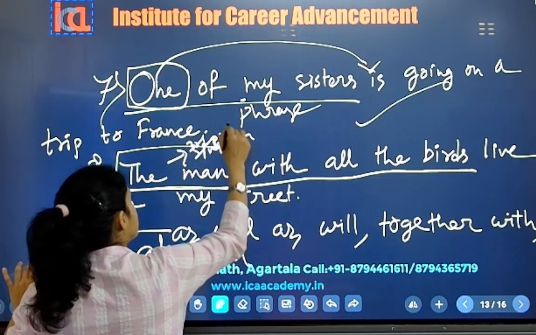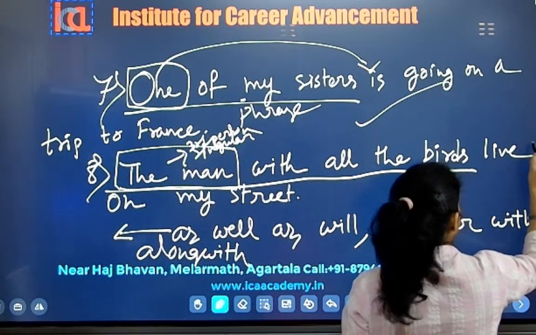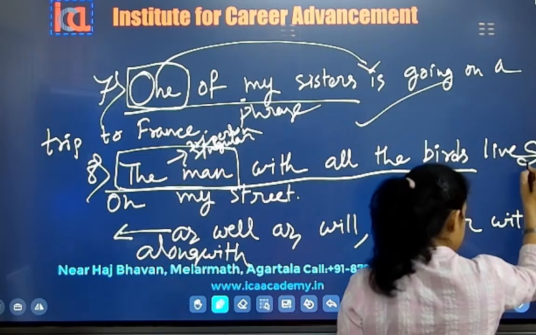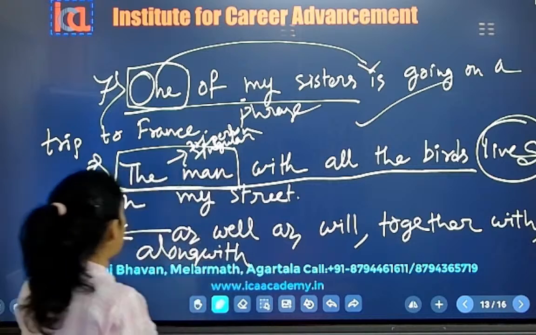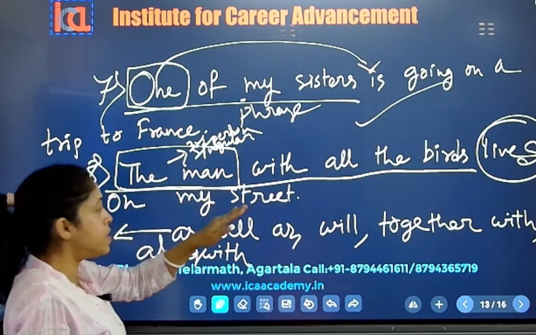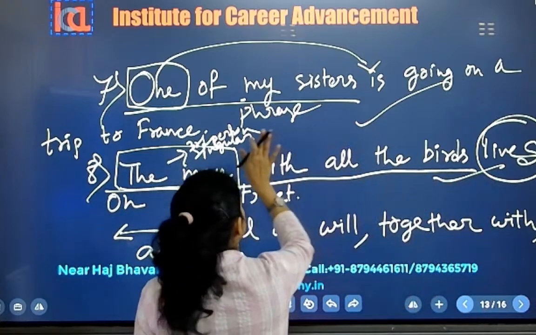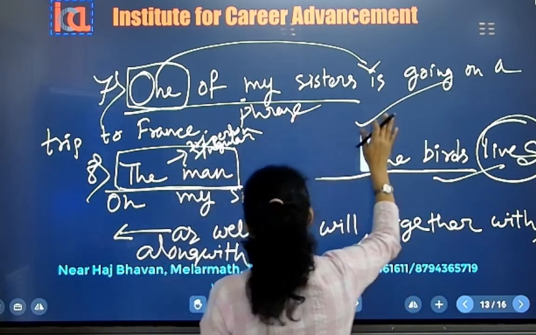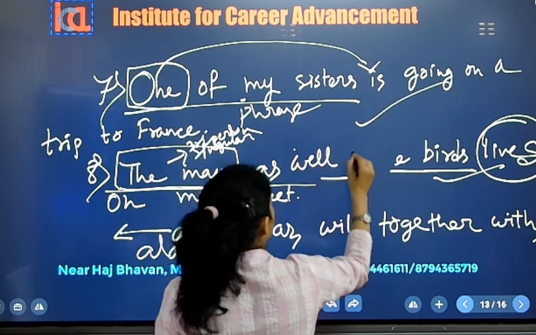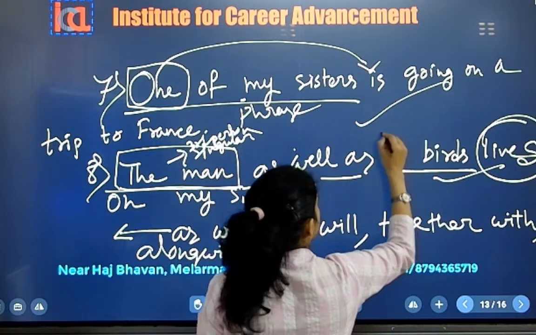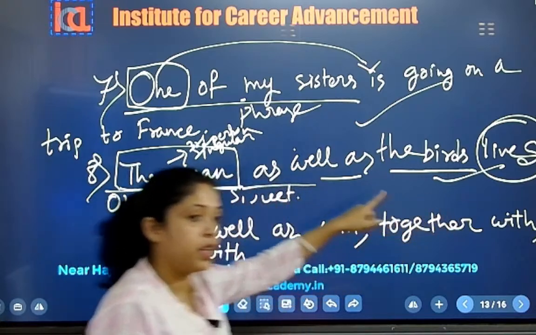And with third person singular number, we always use what? Singular verb. And a singular main verb is always used with s. So, suppose the man with all the birds lives on my street. That will be the correct answer. If the sentence were the man as well as the birds, the answer would be the same, lives.